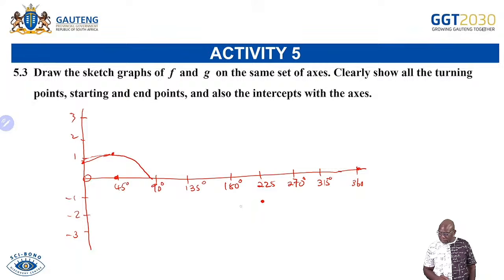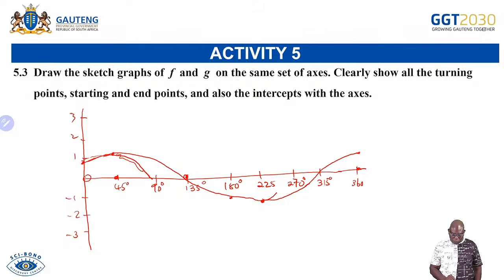Then 270, I think it will be there. So at 315 degrees, it will go somewhere there. So this graph will look like that. You just put all those points in there, and then you'll have a graph like that.